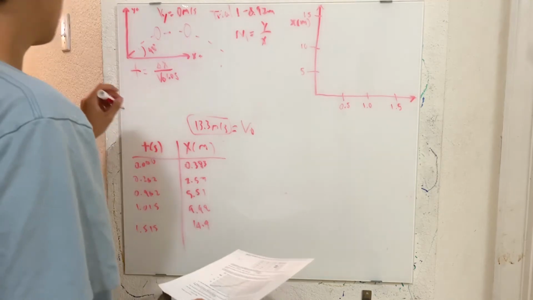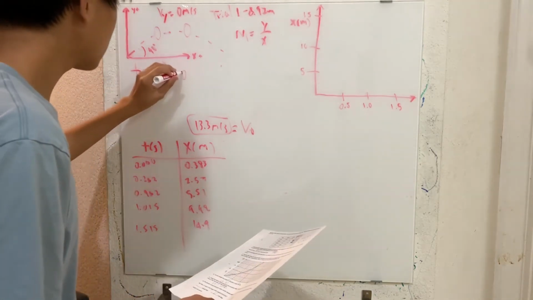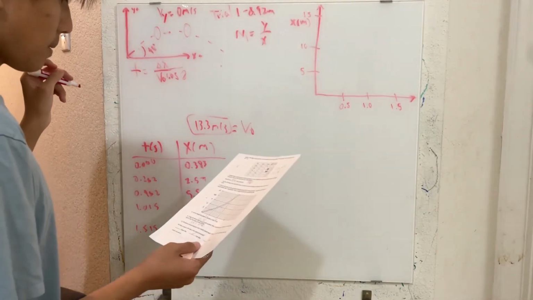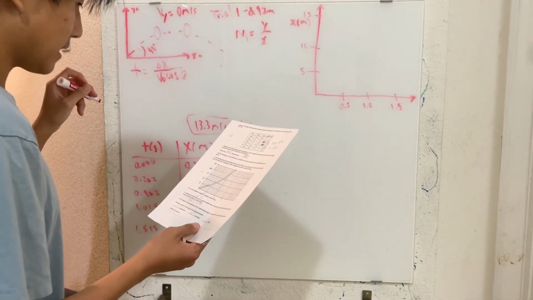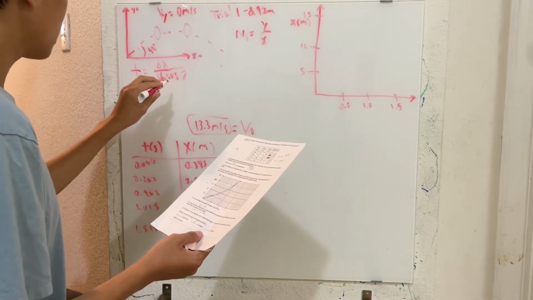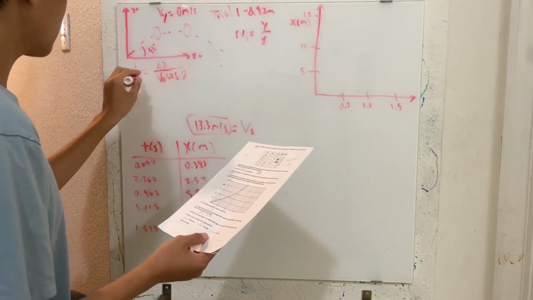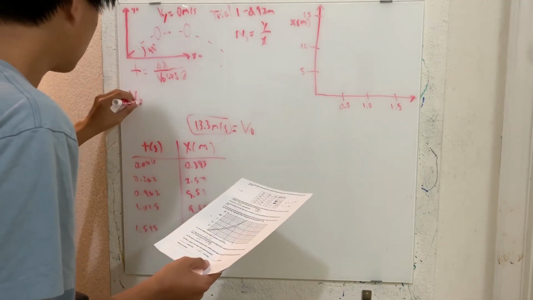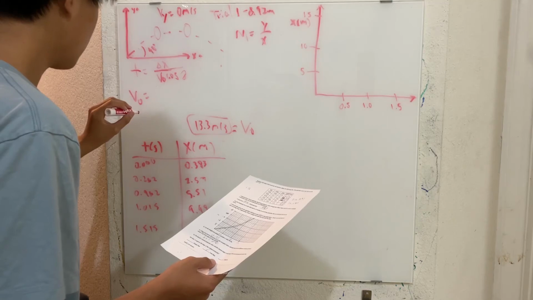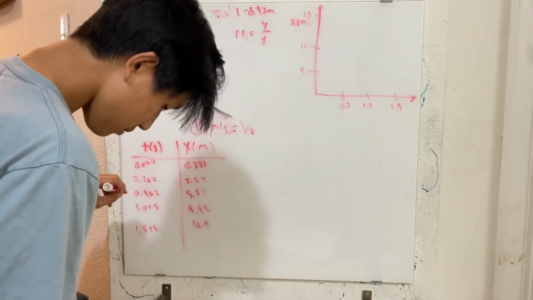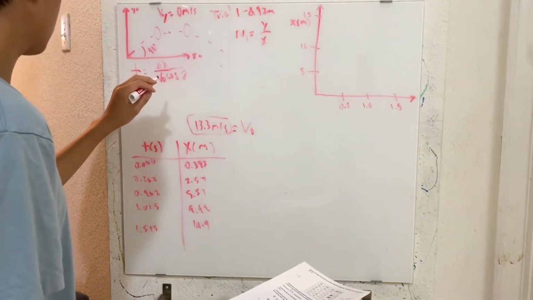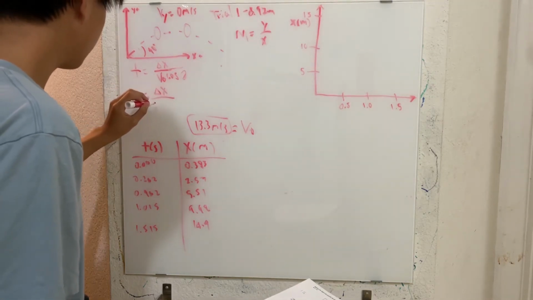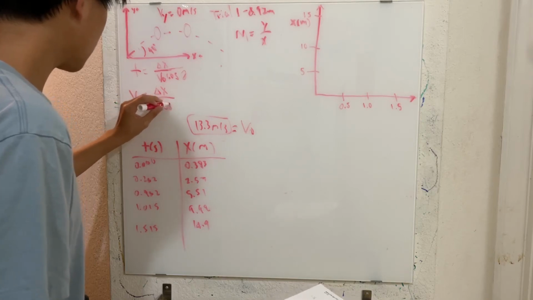So basically what I did was I manipulated this equation that we already had so that we would solve for v naught in terms of delta x, cosine, and time. So I got v naught equals delta x over t times cosine theta.